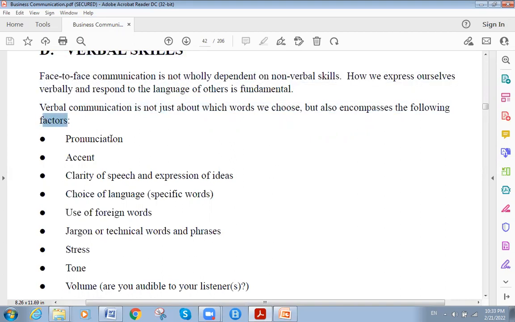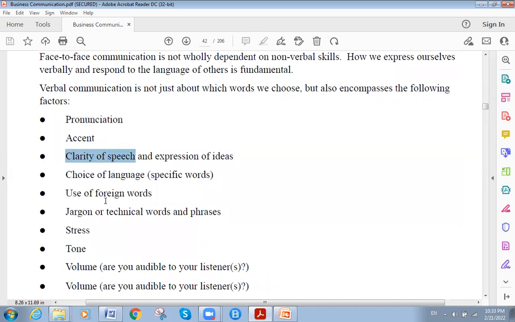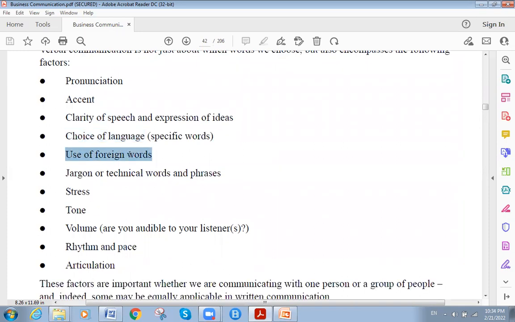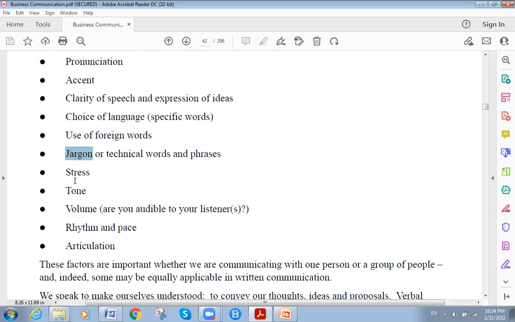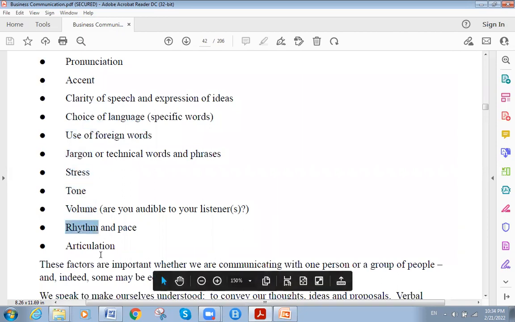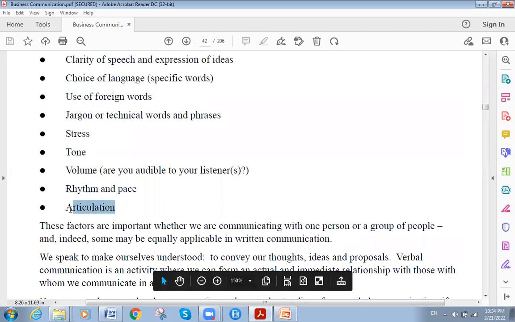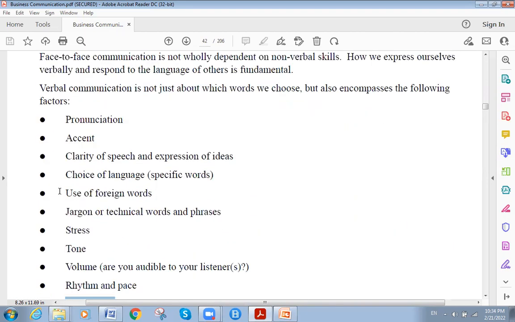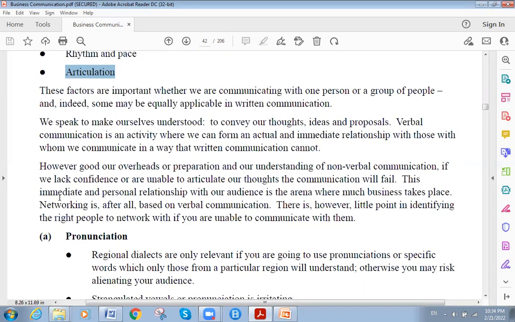Pronunciation, accent, clarity of speech, choice of language, use of foreign words, jargon, stress, tone, volume, rhythm, and articulation. So those points are also part of verbal skills. Use them in verbal communication.